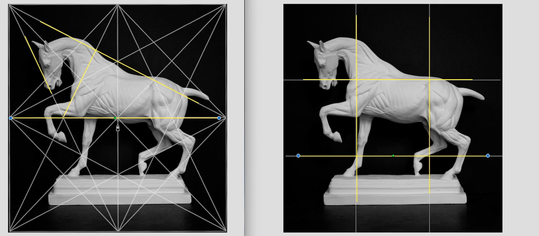For example, you have the center here, which is the underbelly of the horse. That's your midpoint. That's the center of the square, right? You can have this 1/3 division vertically here, like I'm showing right here, but you're not getting these angles right in here. And if you notice, if I drop a diagonal line from this top left corner intersecting at this point right here, and bring it down, it's giving me this angle here.